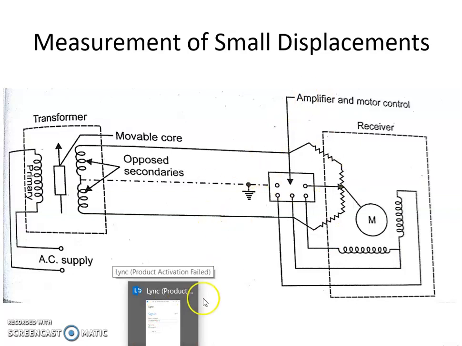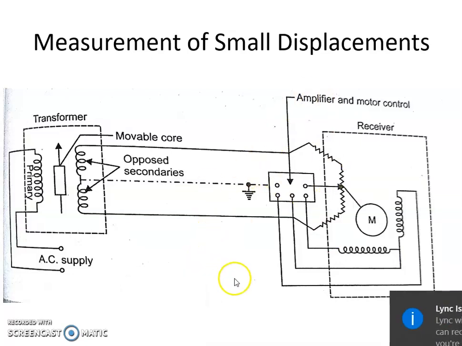This diagram shows a linear or differential transformer. This is basically an LVDT, that is, a linear variable differential transformer. Here there is a primary winding, and the secondary winding is split into two turns.